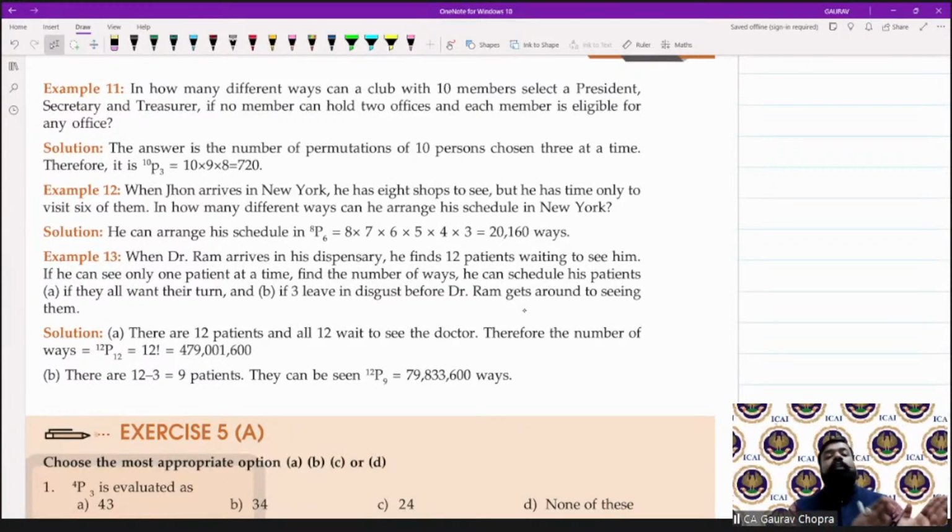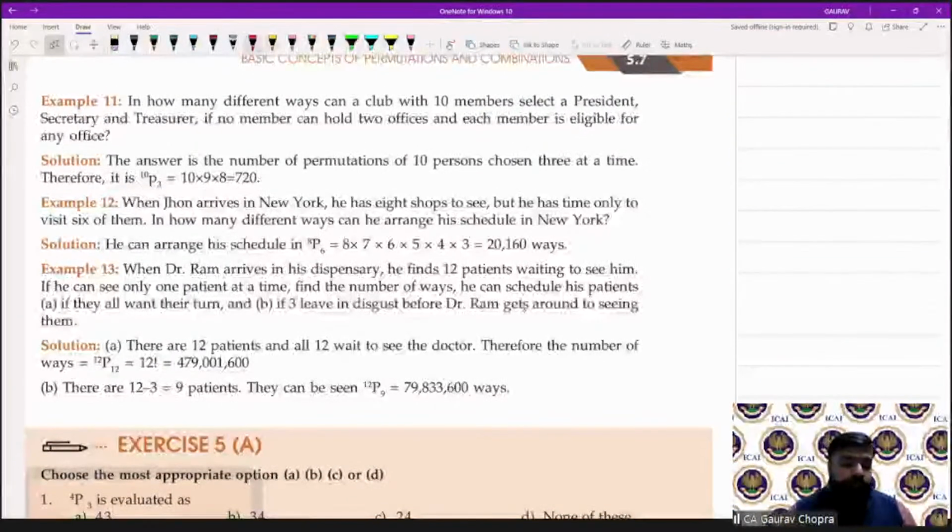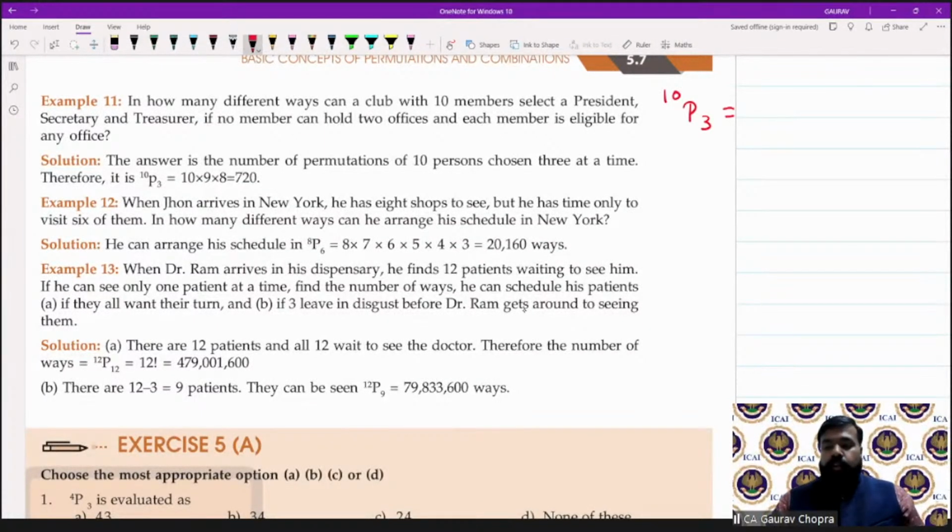Out of 10, we have to select any 3 and then arrange them. Anyone can become president, secretary or treasurer. So out of 10, we have to take 3. So 10P3. It will be 10, 9, 8, which is 720.